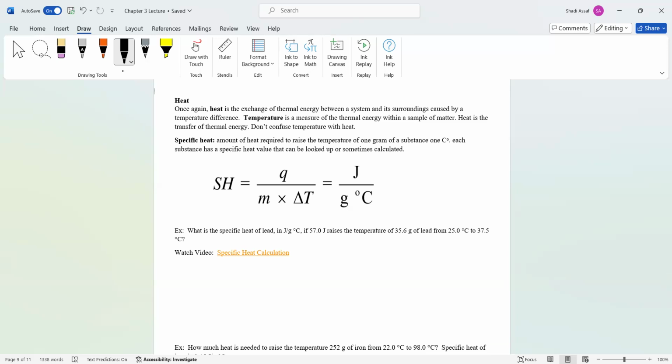If you have two frying pans, one with water, one without water, and you heat both, you know that the one without water will get hotter faster. That's because each substance has a specific amount of heat that can be absorbed. So in this case, the symbol for it is SH.